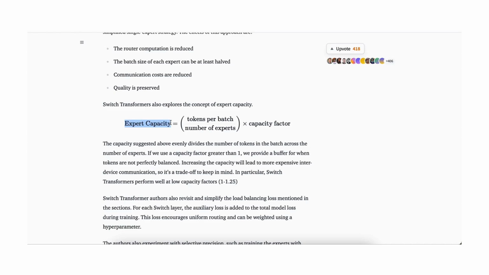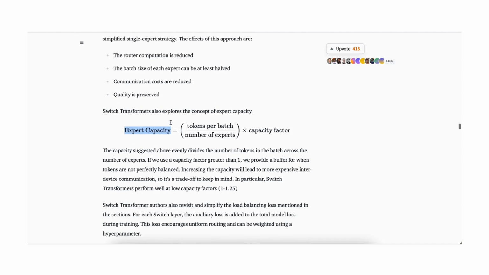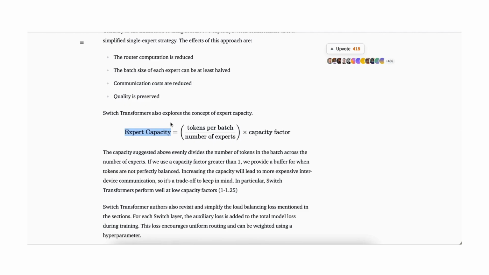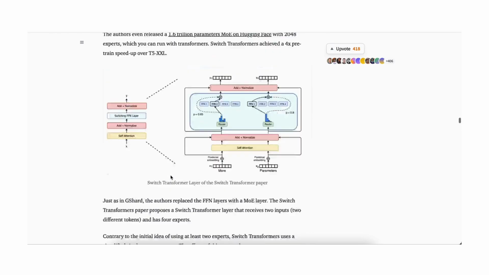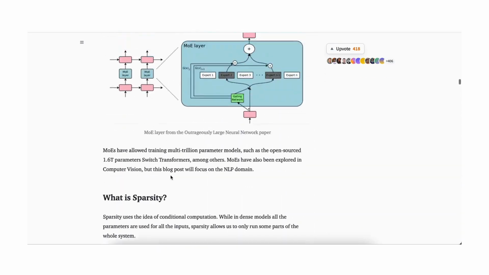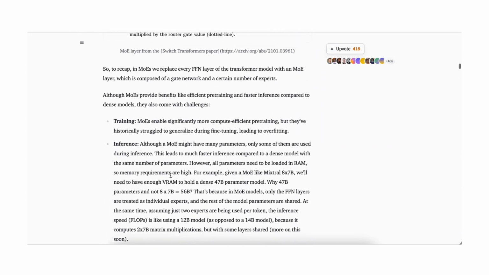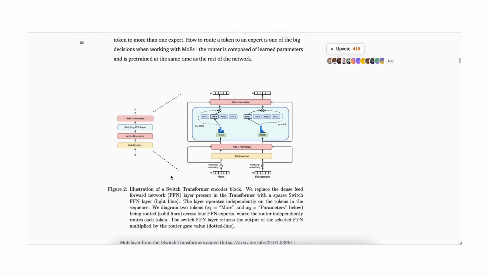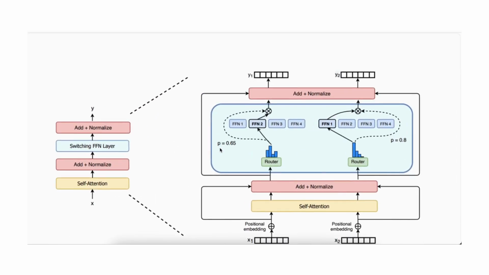If we exceed the expert capacity for one of the experts, we never send a token to that expert. And in fact, if we exceed the expert capacity for all the experts, then we don't do anything, and we just send the residual through the other branch. Those are the basic ways that we solve the problems for the mixture of experts model.